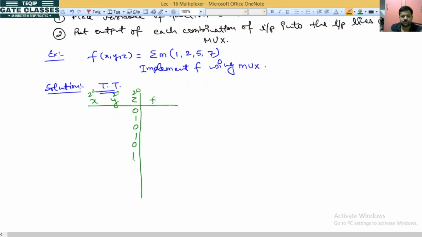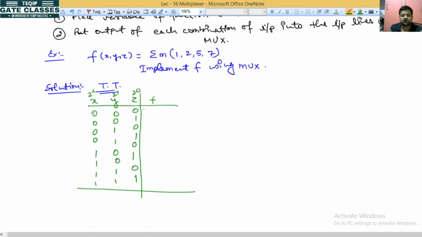Up to how many combinations? 2, 4, 6, 8 combinations. You have to place them like this.